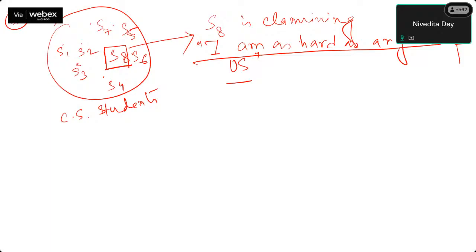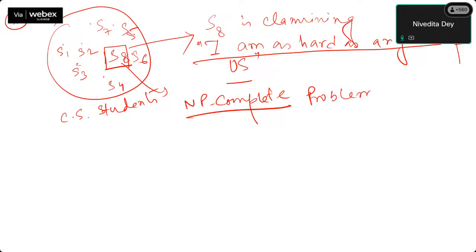In that case, this S8 problem will be called an NP complete problem. What was the definition? Say for all L dash, where L dash belongs to NP. That is, it belongs to the computer science class, which is the NP class, non-deterministic polynomial.